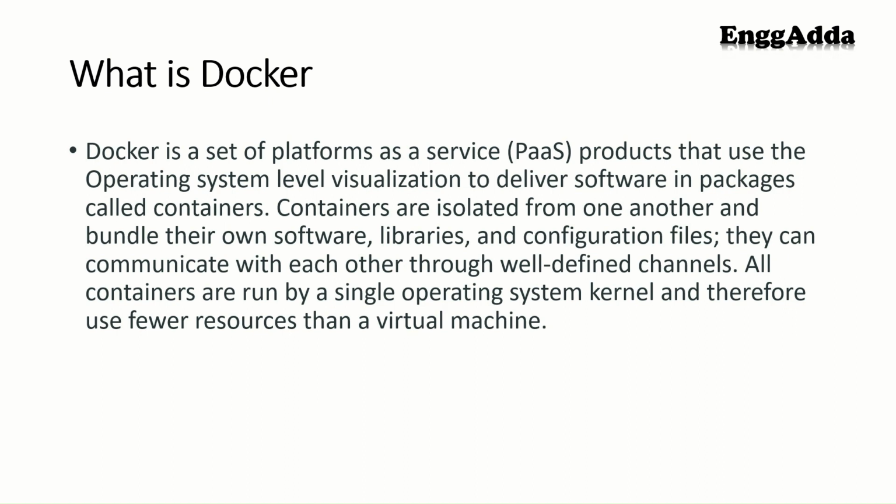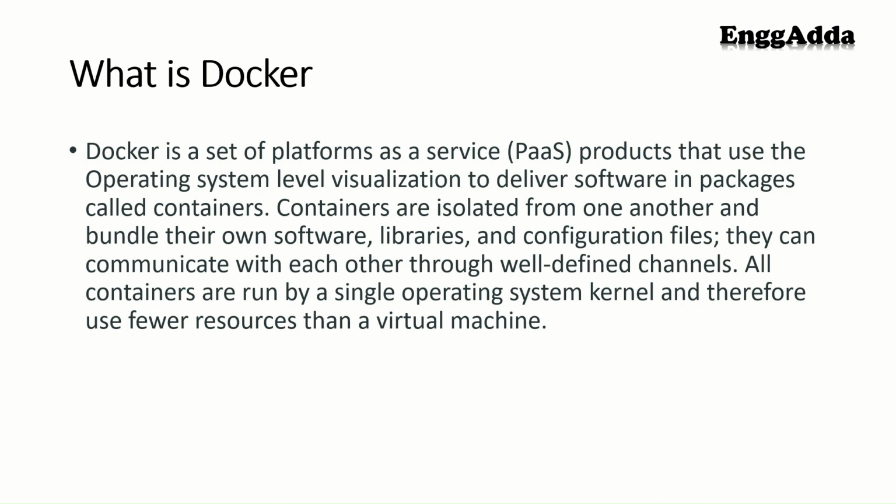So Docker uses the operating system level virtualization to deliver software in the packages called containers. What is container? So container is nothing but it's a running instance of the Docker image. I will tell you what is Docker image, how we can create it. So containers are isolated from one another and bundle their own software libraries and configuration files.